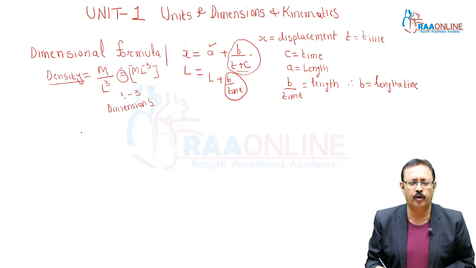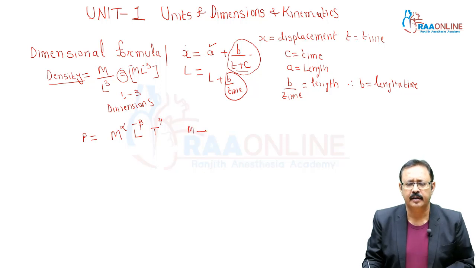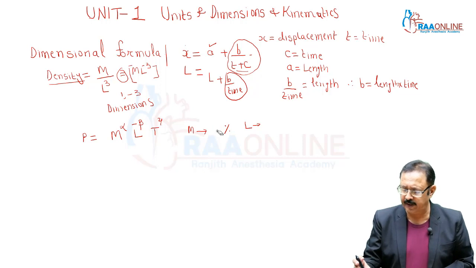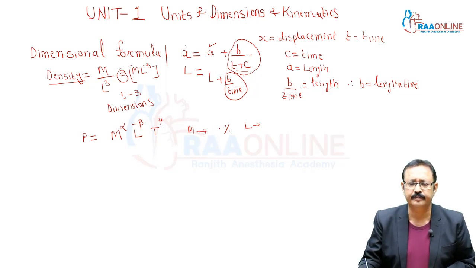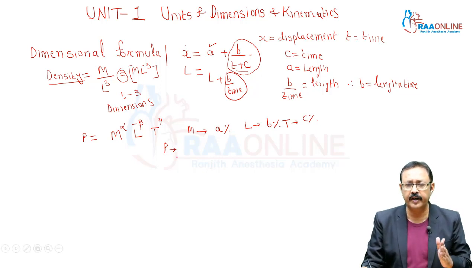It means if the dimensional formula of a physical quantity is M raised to the power alpha, L raised to the power minus beta and T raised to the power gamma, and when measuring mass you make an error of a %, in L the error was b %, in time the error was c %.